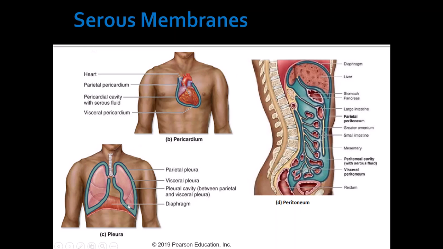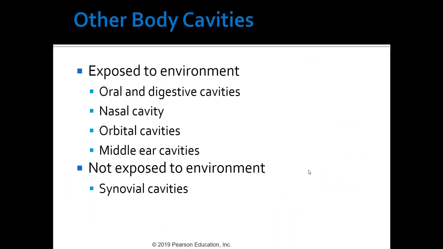The visceral pleura then cover the lungs themselves. The parietal peritoneum lines the abdominal cavity. The visceral peritoneum covers and separates all of the organs in the abdominal cavity. So those are our serous membranes.